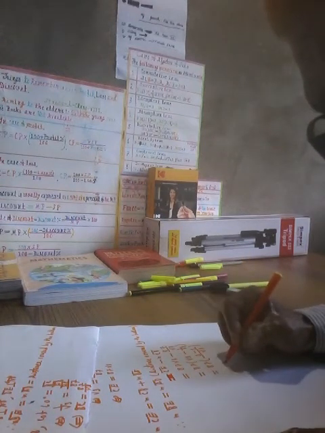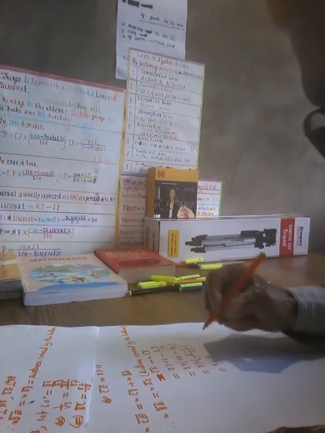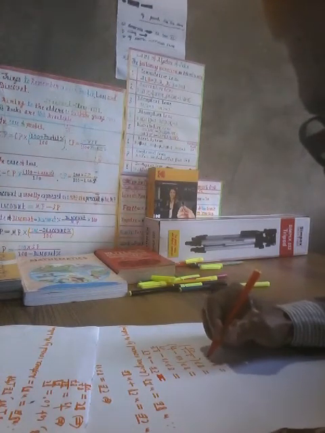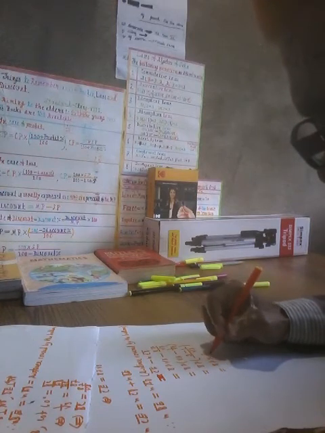This is again equal to 87 into 2 by root 3.